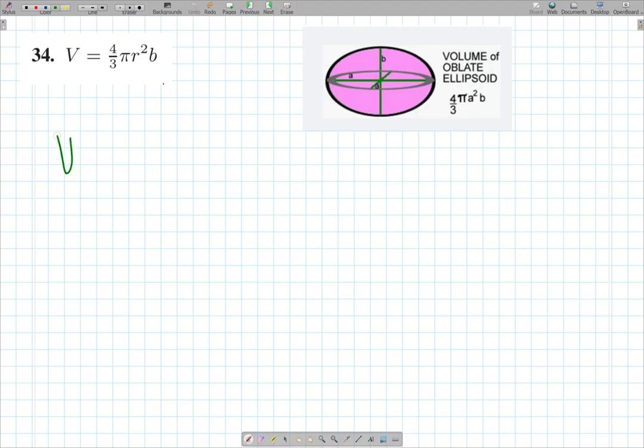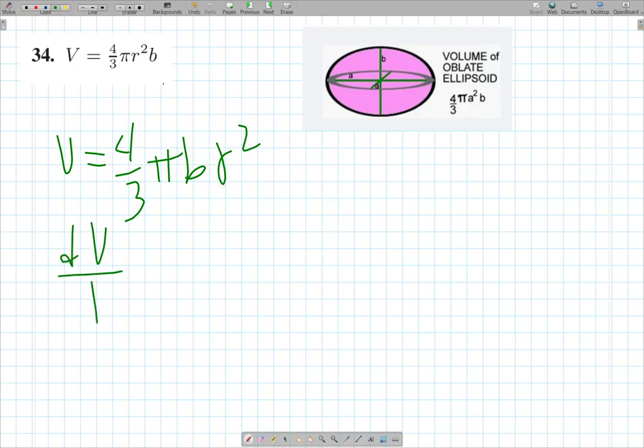I-arrange ko muna kasi sanay tayo pag variable na sa last portion siya. 4 over 3 pi b r square. Okay, pareho lang. So, derivative of V with respect to r is dV over dr.